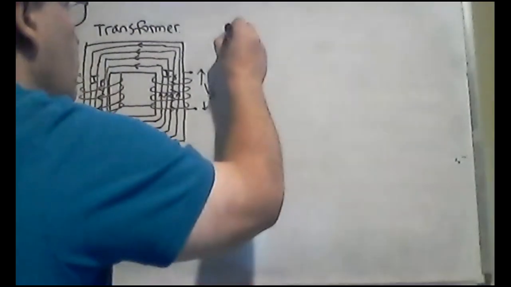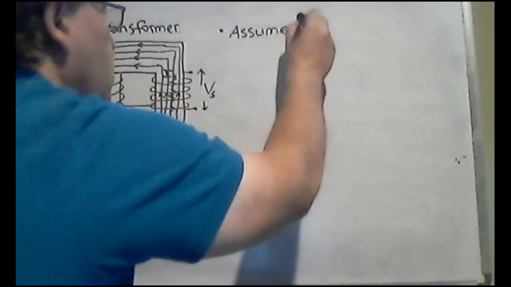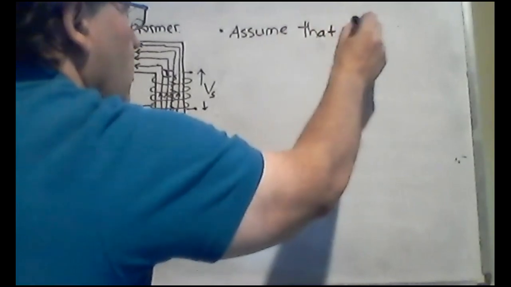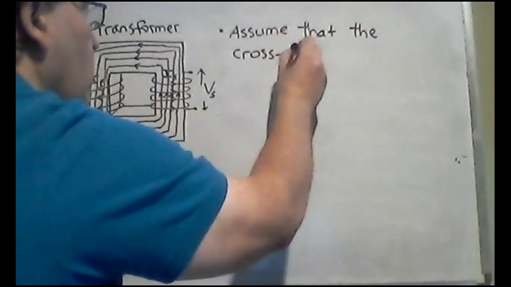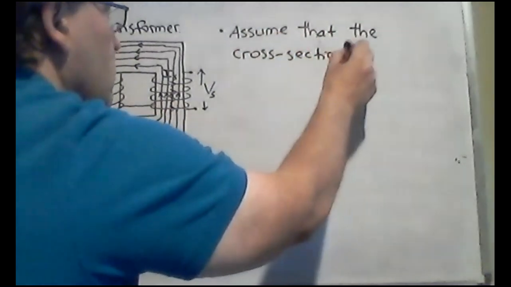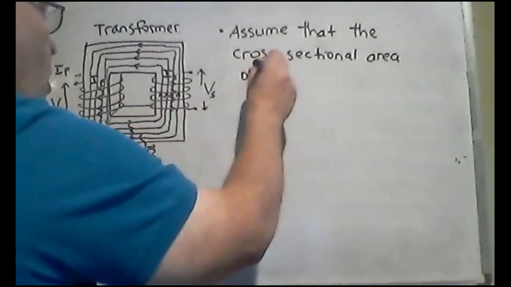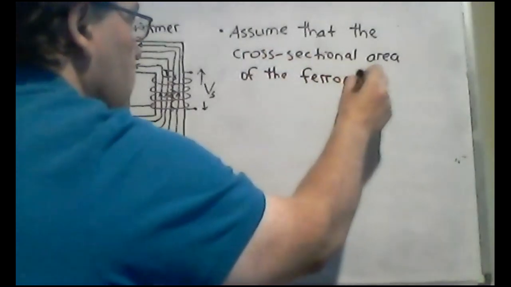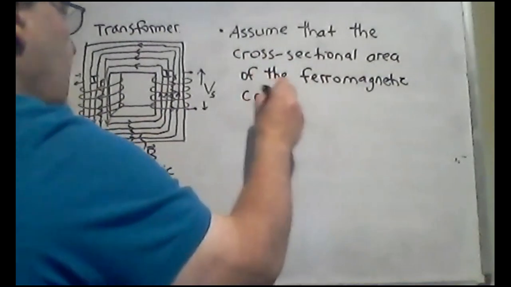Let's assume that the cross-sectional area of the magnetic core, of the ferromagnetic core, is everywhere the same.